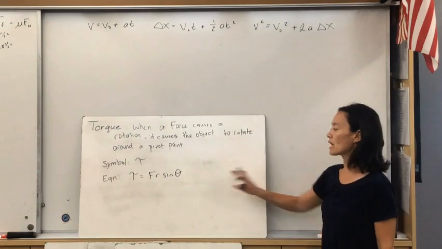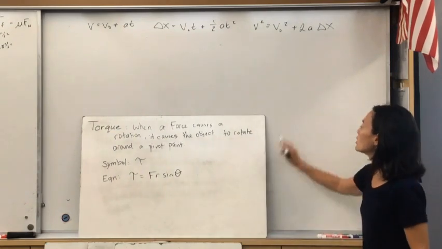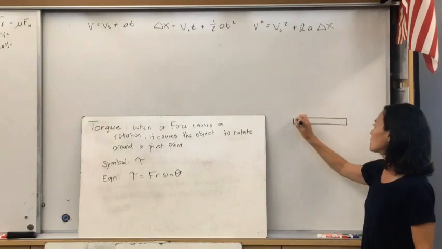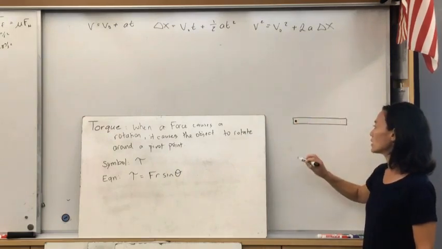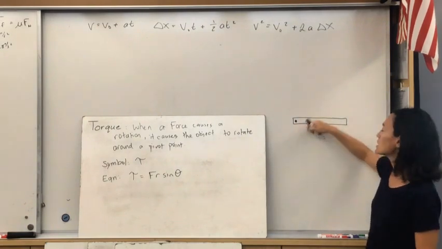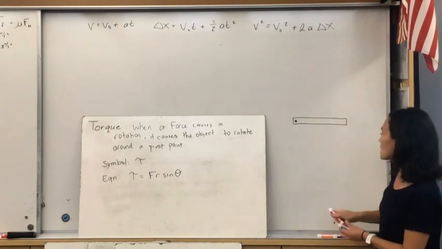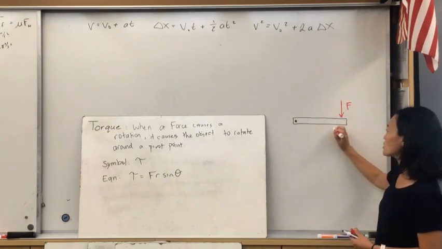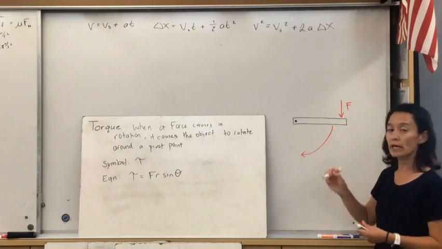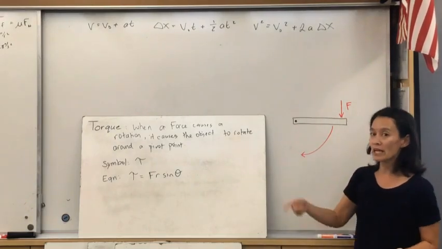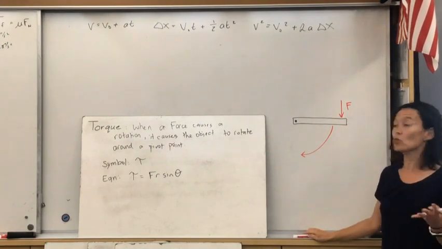So let me give an overview of what all these things are. So let's say that I have something that can pivot right here. So I've got a board connected to a nail or something, and this thing can swing up and down. Okay? If I were to push with a force this way, it would cause it to rotate around. So by the fact that I'm exerting this force on something that can rotate, it causes there to be a torque in the situation.